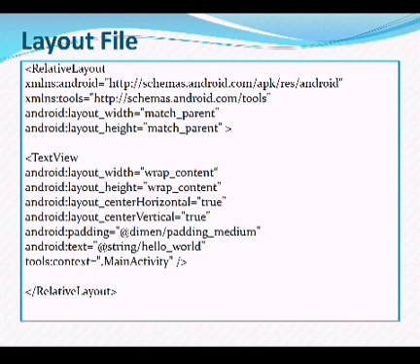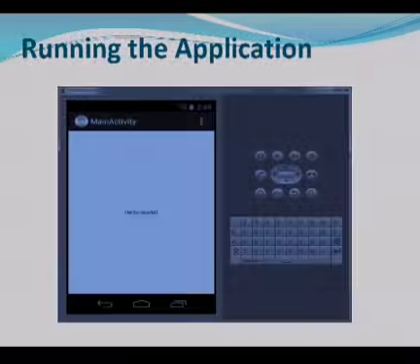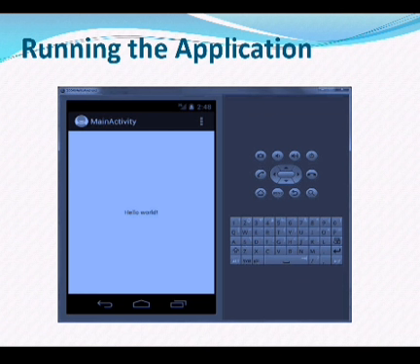Hence, the string hello world refers to the hello string that is defined in the strings.xml file. It is nothing but the string hello world. And finally, when you run your project in your Eclipse IDE, it shows the output as follows.